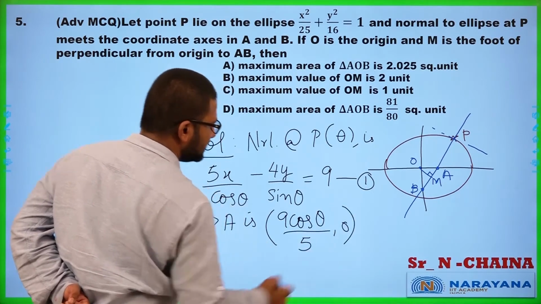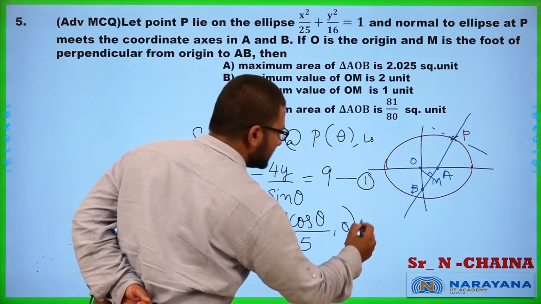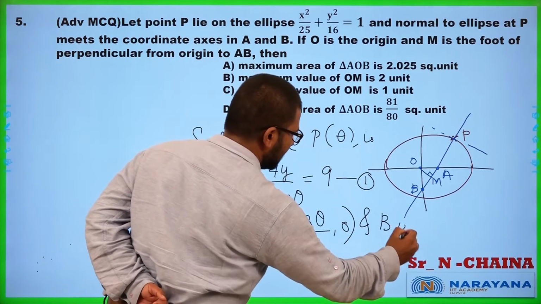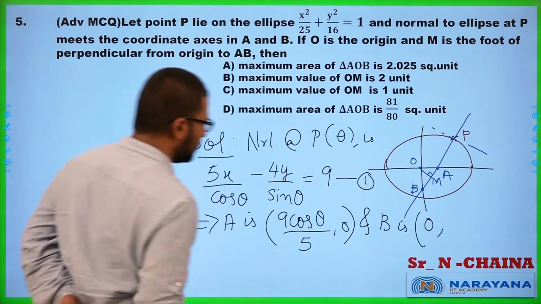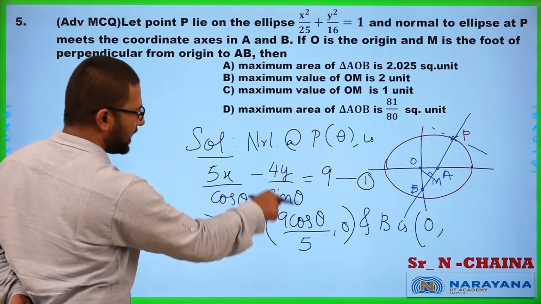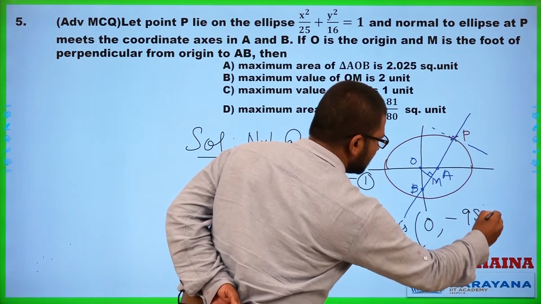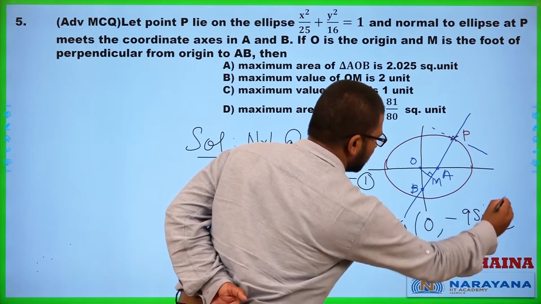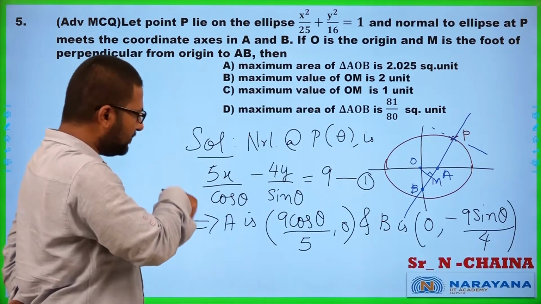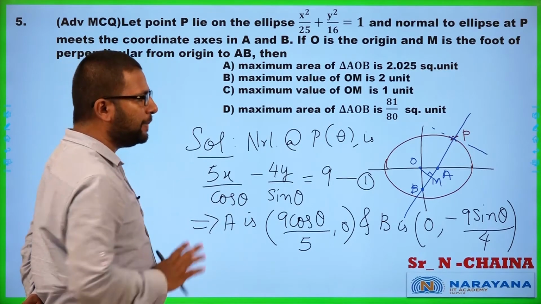And the y-intercept: B is 0 comma, bring the 9 here and take 4 down, so minus 9 sin theta upon 4. So now we have the coordinates of A and B.